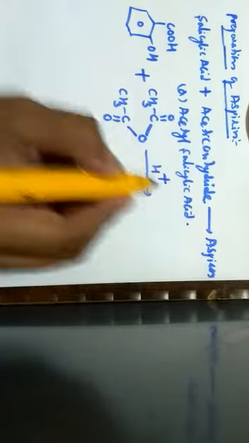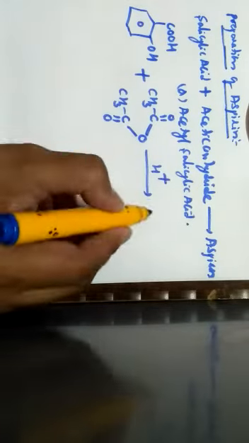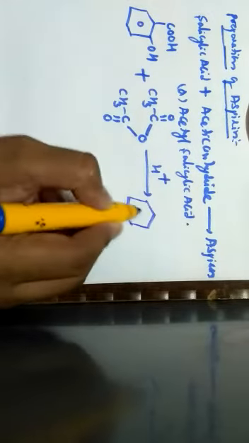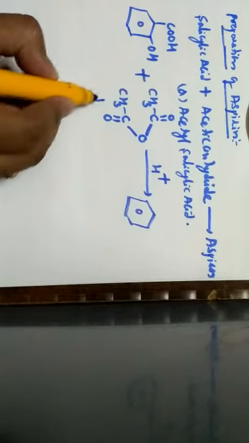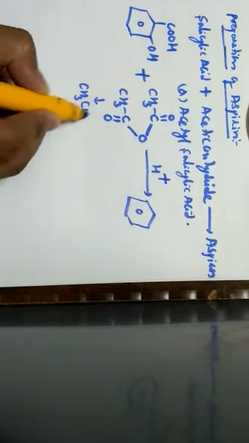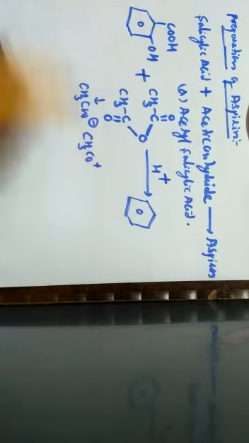So when the reaction takes place in the presence of an acid, that is, which contains a proton, it gives rise to aspirin. One particular confusion arises: how is this aspirin formed? Here, as usual, we know that it ionizes as CH3COO minus and CH3CO plus.